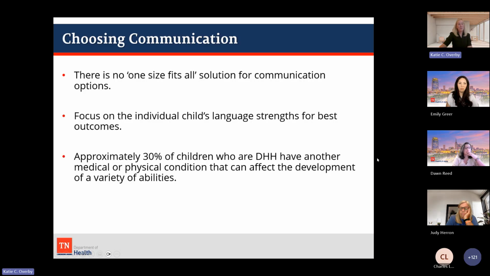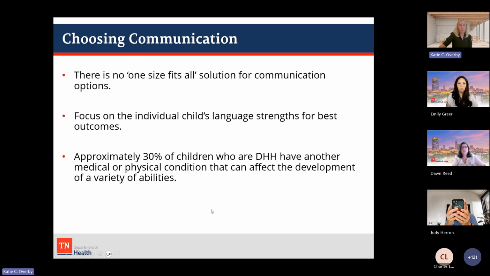So now that we know their hearing loss, we can start thinking about communication choices. This has changed kind of in the last couple years that I have been in deaf ed, and for a while it was we're going to pick one and then we're going to try to stick to it as closely as we can.